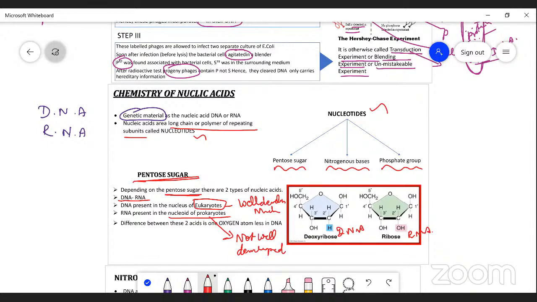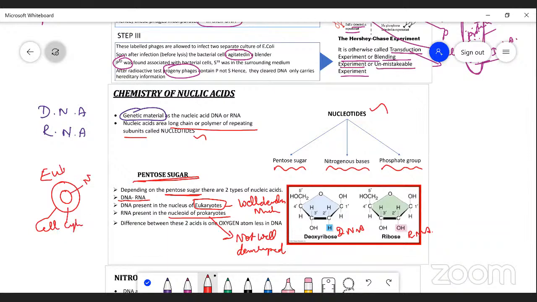So what type of nucleic acid is present in the eukaryotes? DNA and RNA, both nucleic acids are present in our body. But inside of the nucleus, what type of nucleic acid is present in the eukaryotes? A eukaryote has a cell with cytoplasm and a nucleus.